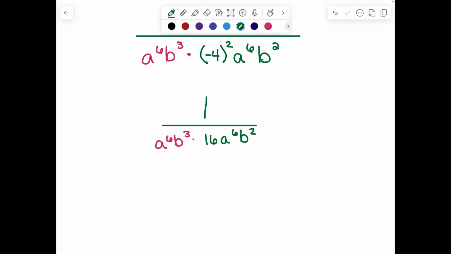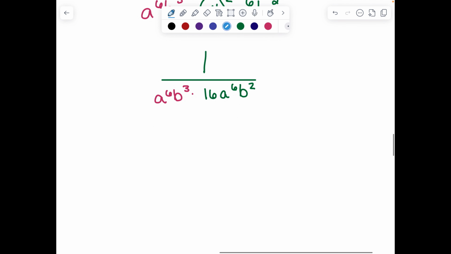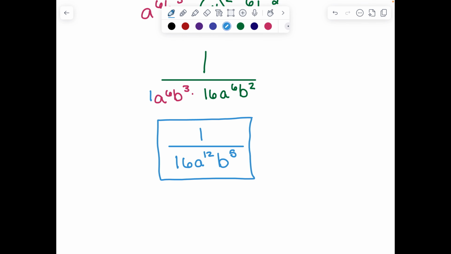A to the 6, b squared. Now we're going to multiply those two pieces of our denominators together. So 16 times 1 is 16. A to the 6 times a to the 6 gives us a to the 12th. B to the third times b to the second. Add those exponents so we get b to the 5th. So our final answer is 1 over 16a to the 12th, b to the 5th.